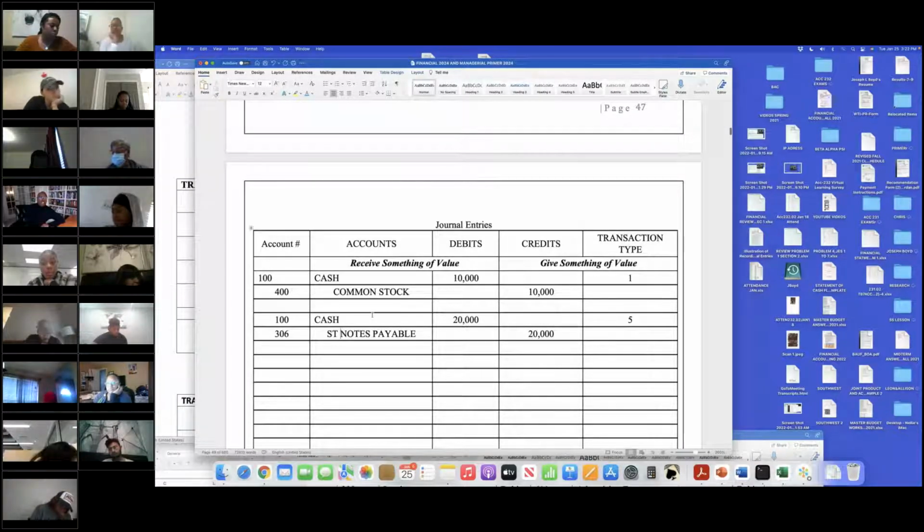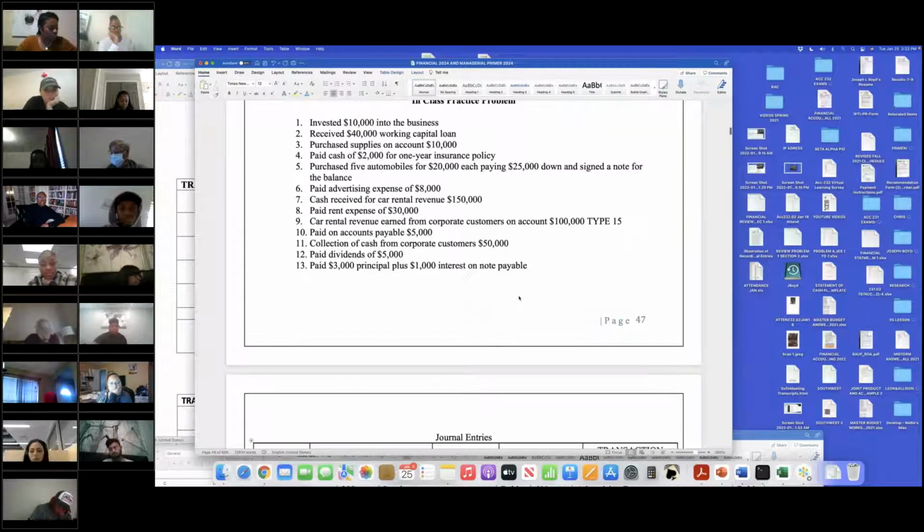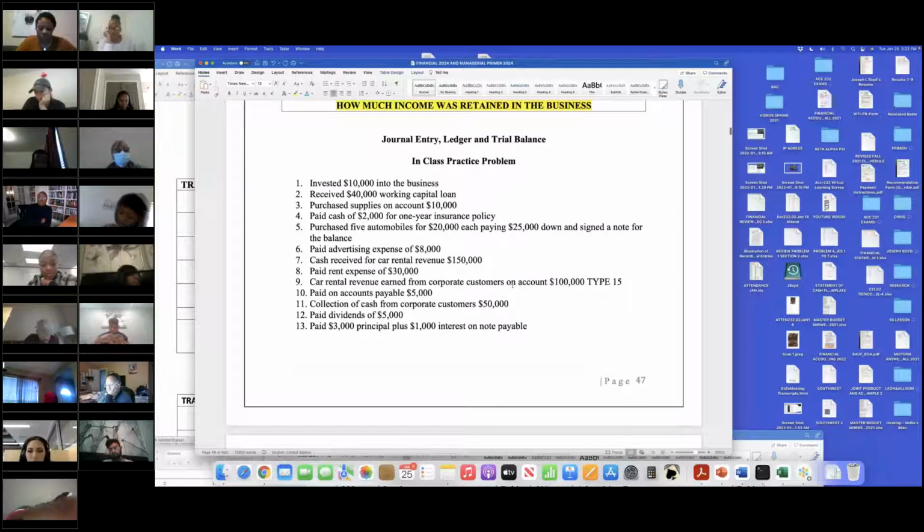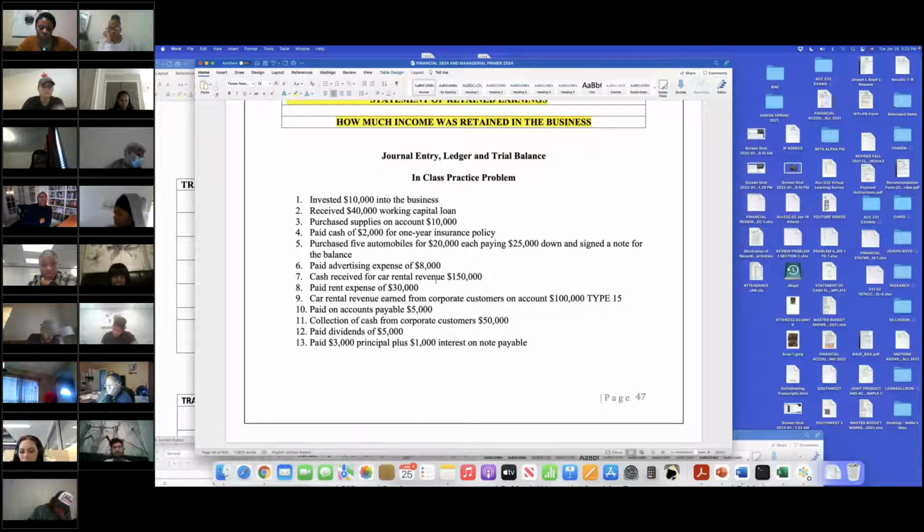Sometimes that's changed. Okay. Let's go to the third transaction. And what do we do in this third transaction? It's transaction 7. We purchase supplies on account for $10,000.